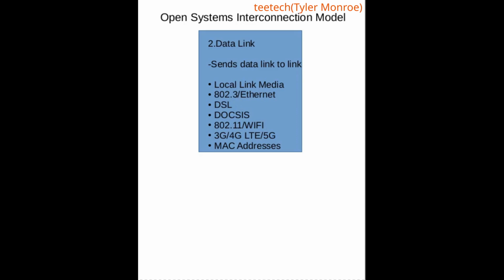Something critical to understand about layer 2 is, if you have a router, like your Wi-Fi router, and you connect to its wireless or to the LAN ports on the back, that is one layer 2 broadcast domain.